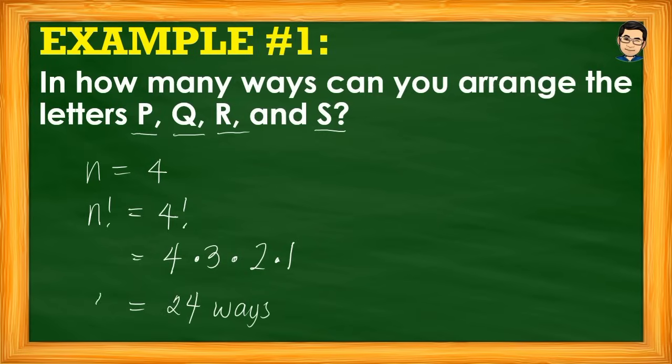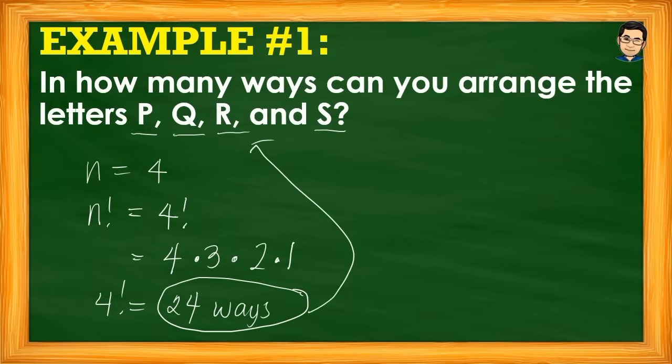So 4 factorial is equal to 24. It means there are 24 ways on how to arrange the letters P, Q, R, and S. So yun po yung bilang ng paraan paano natin isasaayos yung mga given letters. So maari po kasi nag-start po tayo sa letter P, then letter Q, letter R, and letter S. So basta po yung sagot po natin dyan is 24 ways.